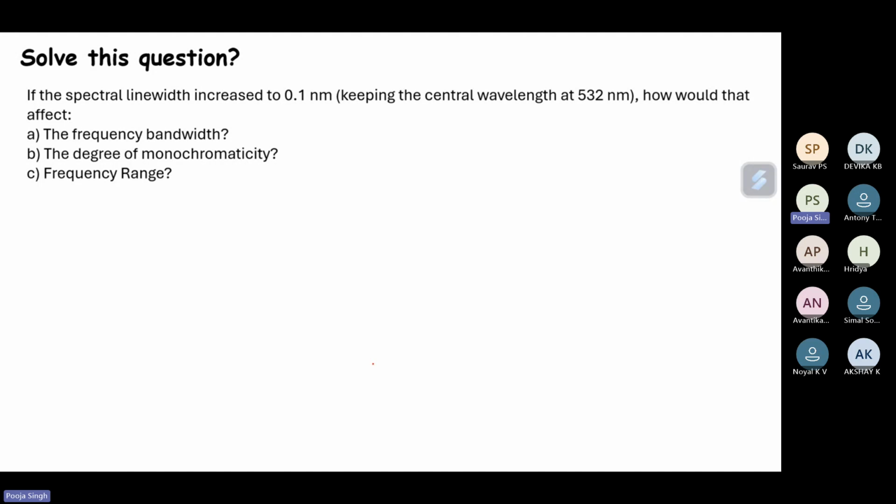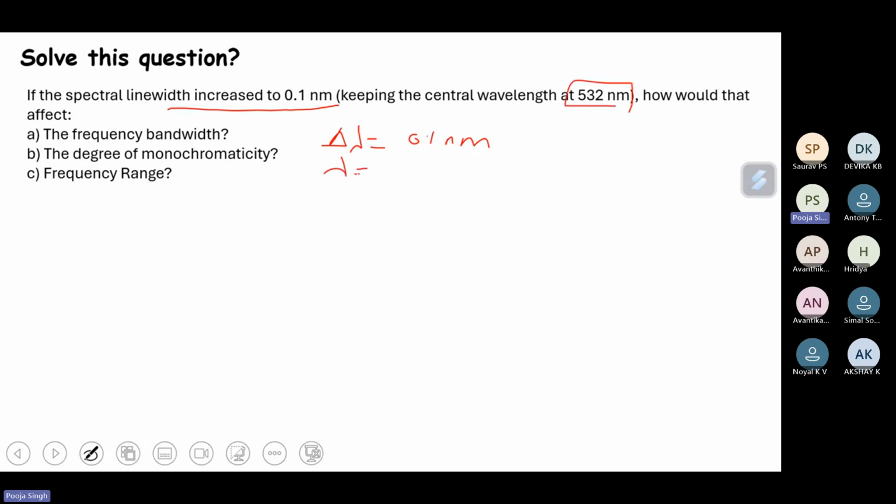Just use the formula. What it is asking is basically that the spectral line width is increased to 0.1 nanometer, that means delta lambda is given as 0.1 nanometer, keeping the central wavelength 532, that means lambda is given as 532 nanometer. So how would that affect the frequency bandwidth, degree of monochromaticity, and frequency ranges?